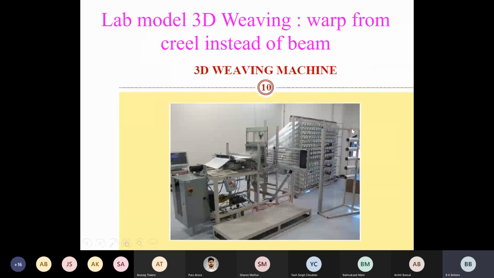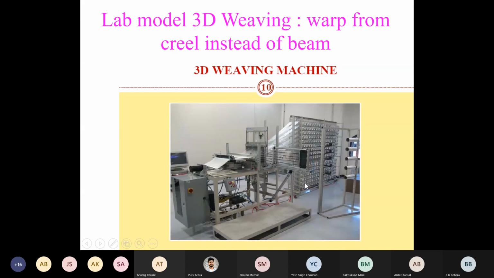I have shown you already. The warp yarns are coming from a creel, not from a beam. And look at this, it is a rapier system having 5 rapiers. Shed is formed. All 5 rapiers take 5 weft yarns simultaneously. This is the rapier holder. Okay.